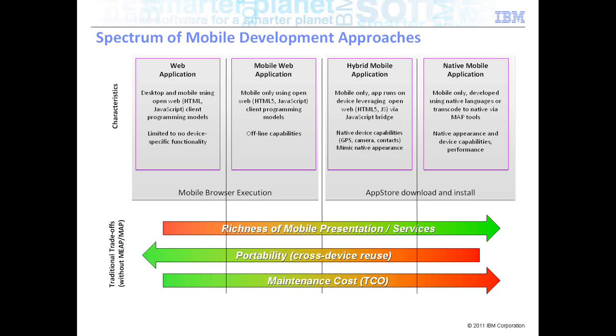As well as in mobile browsers, using an internet browser. But these apps are typically being built using HTML and JavaScript and CSS on the client side, and these do not have any particular device-specific functionality.